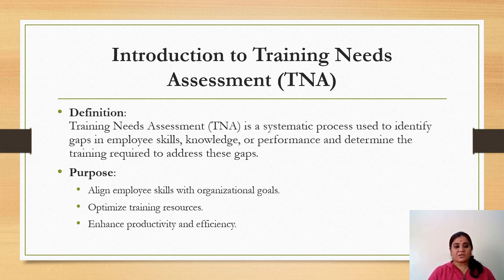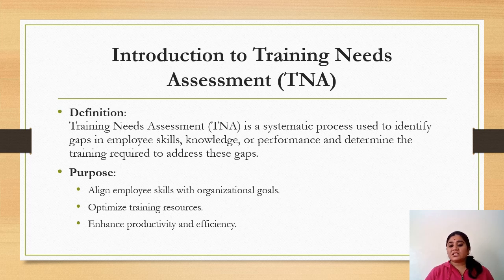It is basically a process aimed at identifying skills, knowledge and performance gaps within an organization. It even helps to determine the types and scope of training required to address these gaps effectively. The purpose of TNA is to align employee skills and organizational growth, meaning to ensure that employee skills match the requirements needed to achieve organizational objectives.